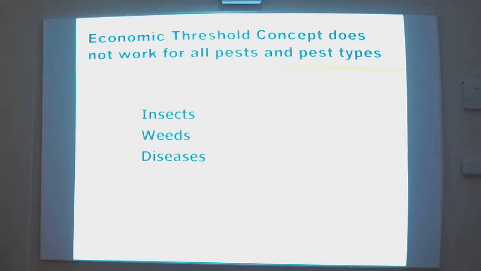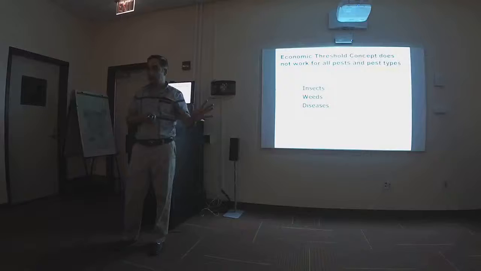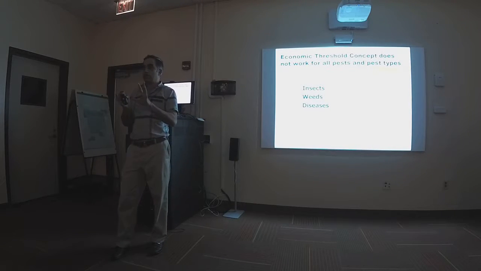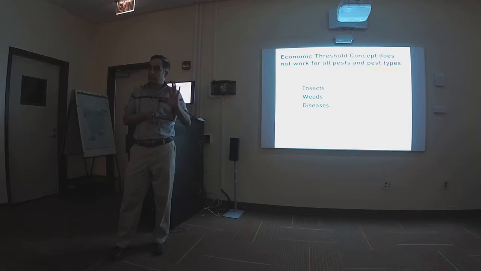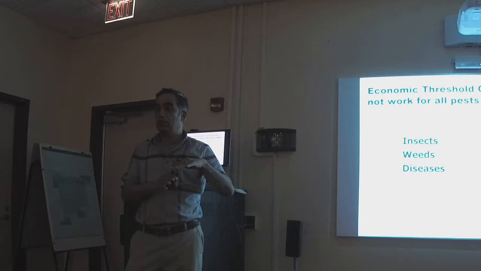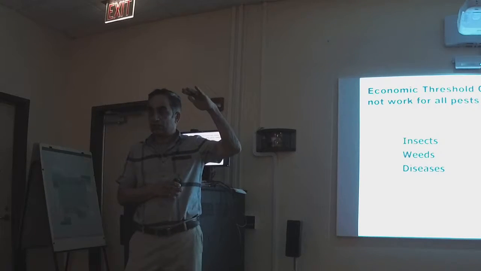For each crop there is a different threshold. For tomatoes, let's say you know that if there's more than 10 bugs per plant, that's your threshold. You can leave them, that's okay, they are not bringing you to economic injury level.